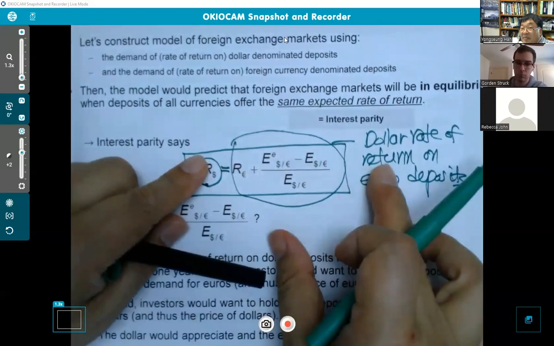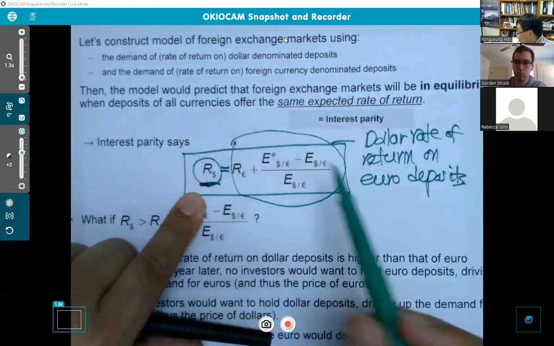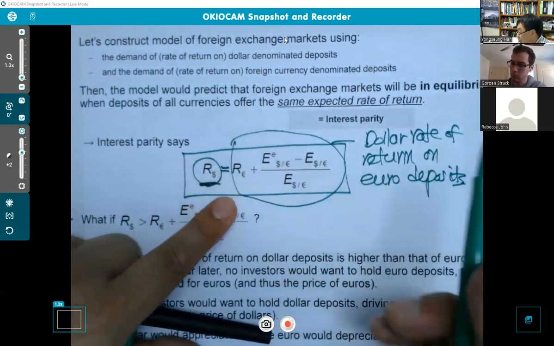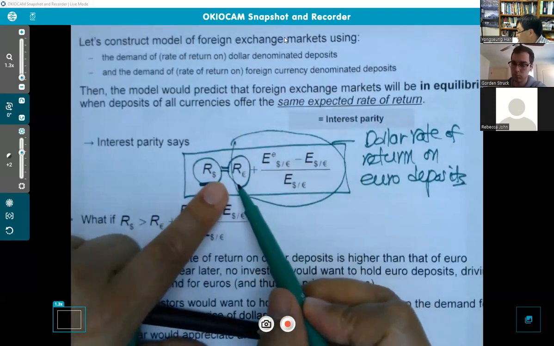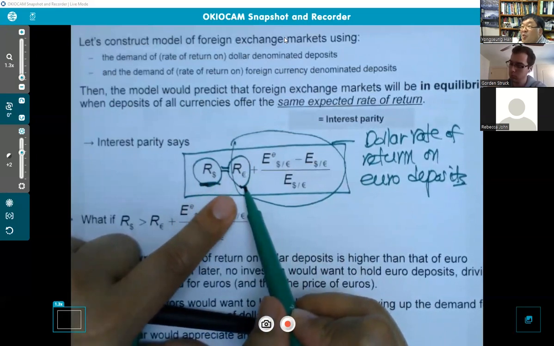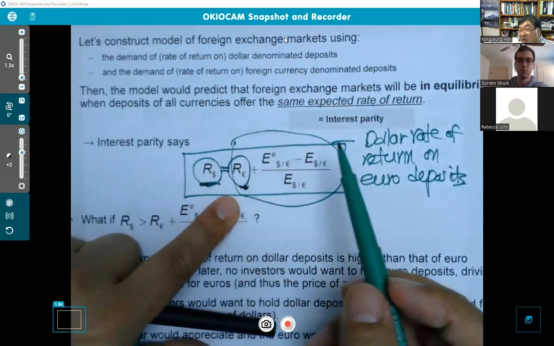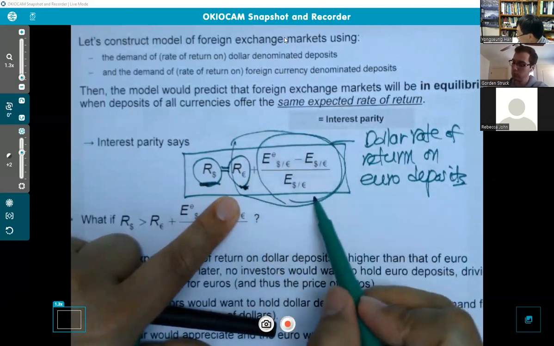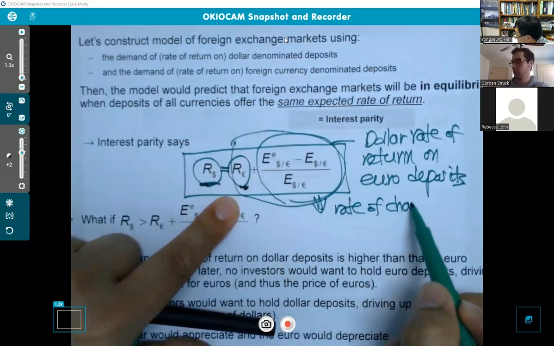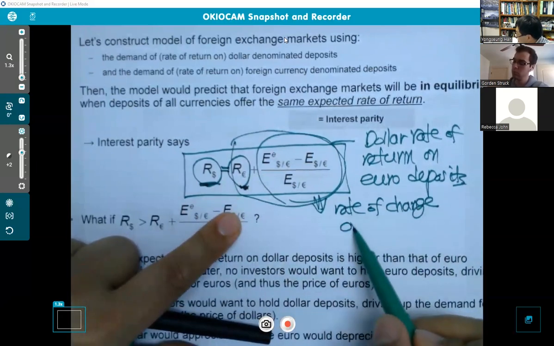It must be the same. Then this dollar rate of return on euro deposit has two components. One is this, the rate of return on euro deposit. This is the euro rate of return, not the dollar rate. And then the change, this is nothing but the rate of change on euros.